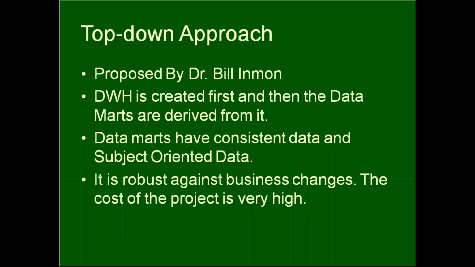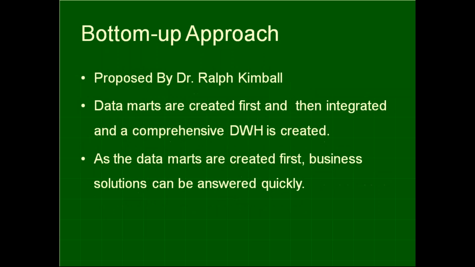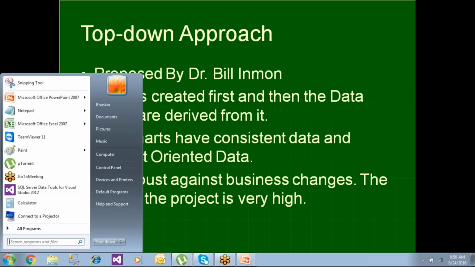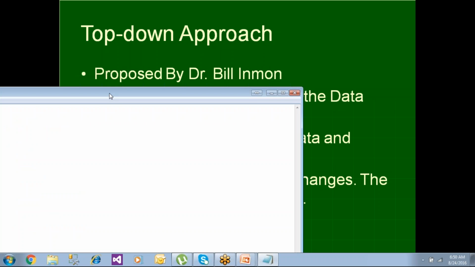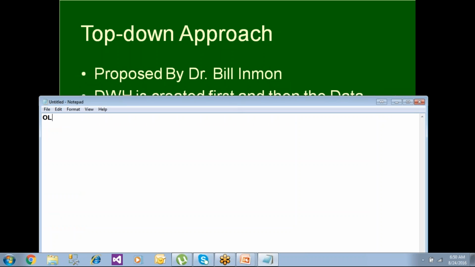So according to the top-down approach, you get the data from the source system, from the OLTP system. You perform ETL operations and load the data into the data warehouse. You create a large data warehouse.